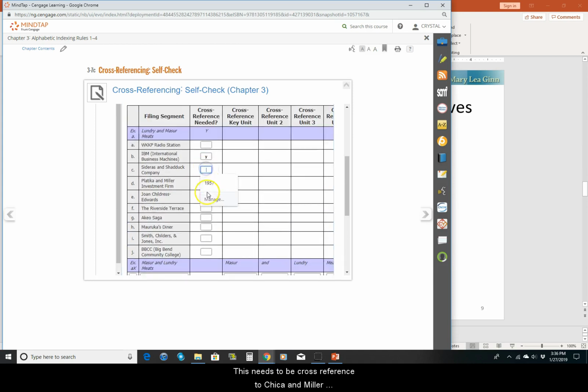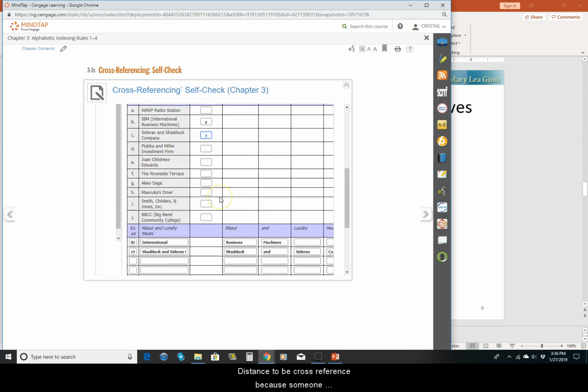So this one needs to be cross-referenced. Platica and Miller Investment Firm. This one needs to be cross-referenced because someone might look for it under Miller and Platica. So this is D. Yes, we need to cross-reference it.